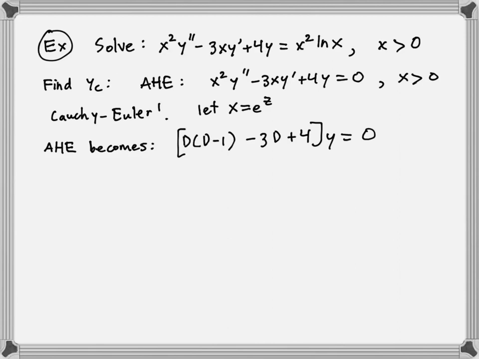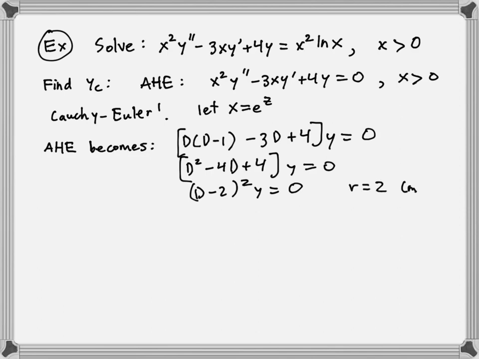This is the same as D squared minus 4D plus 4 y is equal to 0, or D minus 2 squared times y is equal to 0. So this is a repeated root of multiplicity 2, and our two solutions are y1 of z equal to e to the 2z, and y2 of z equal to z e to the 2z.